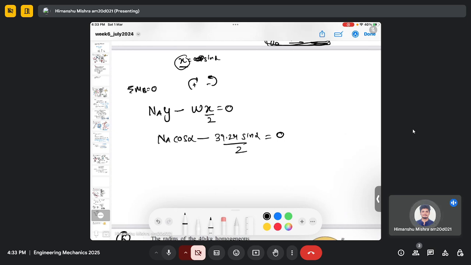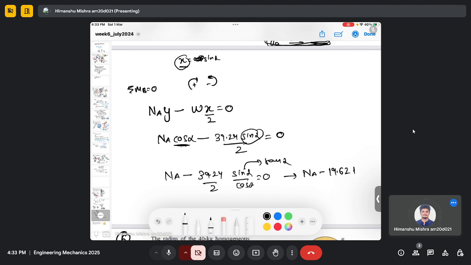If you divide this whole equation by sine alpha, no, sorry, if I divide this equation by cos alpha, then I can actually remove this part. So it will be NA minus 39.24 divided by 2 times sine alpha divided by cos alpha. So this will become tan alpha. So this is NA minus 39.24 divided by 2, which is 19.62, tan alpha equals 0.